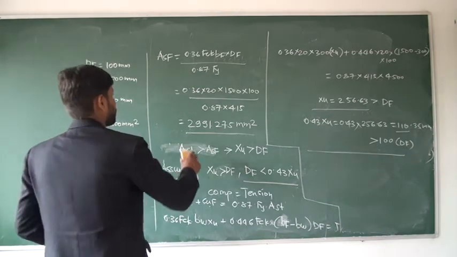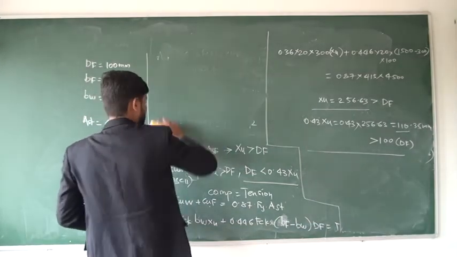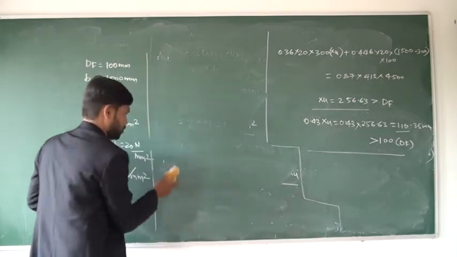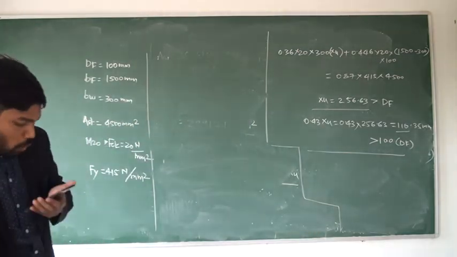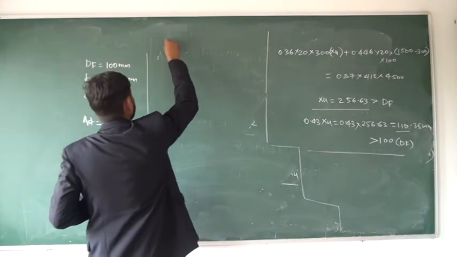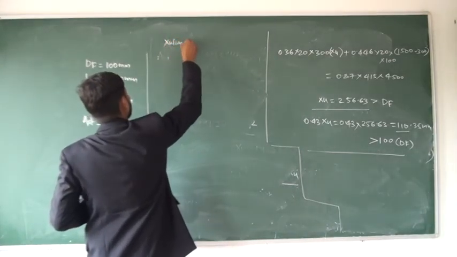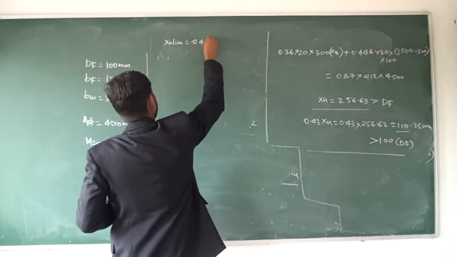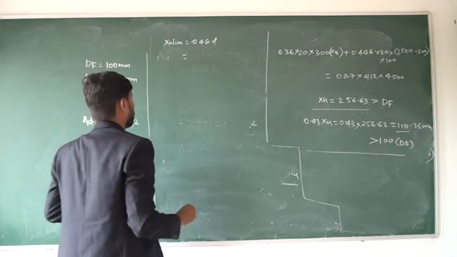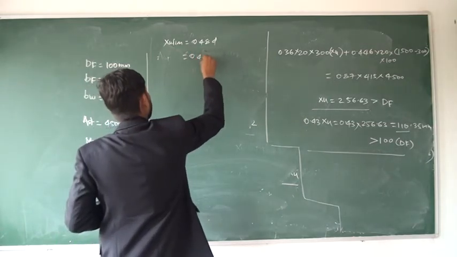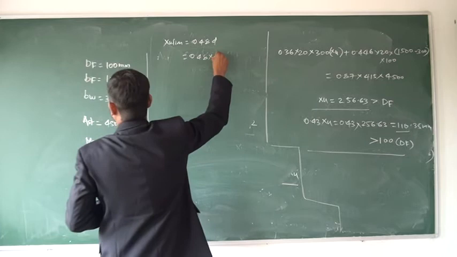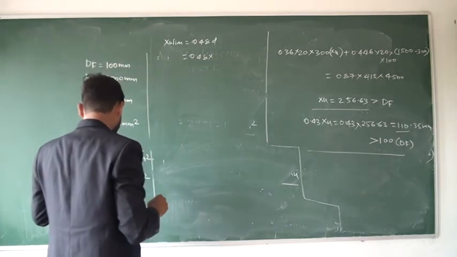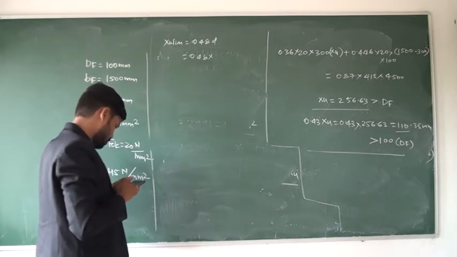So for MU calculation, you have to check the value of XU limit. XU limit is again 0.48 D, because it is Fy 415 steel. So 0.48 into D, effective depth. Whether it is given, let me check.